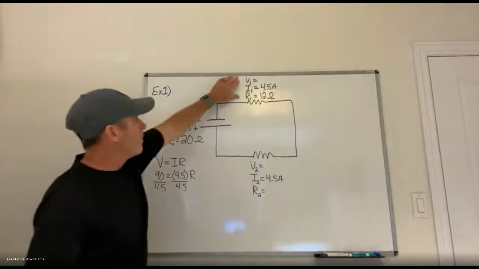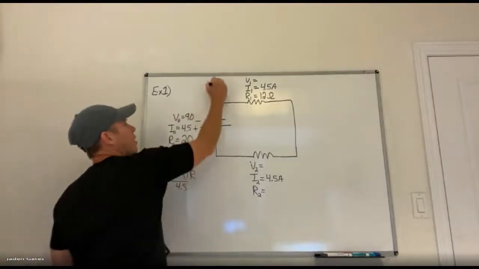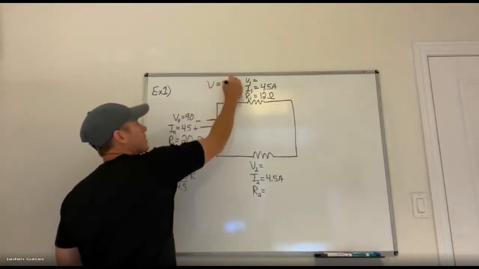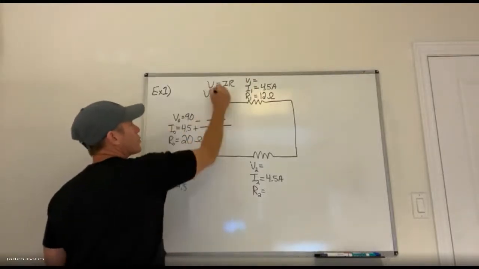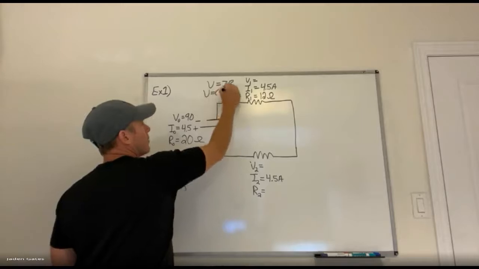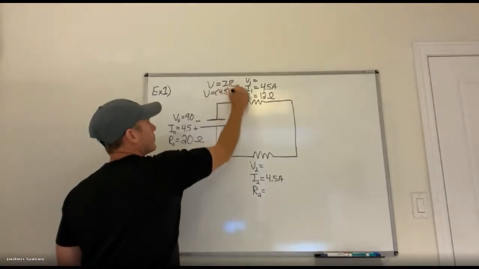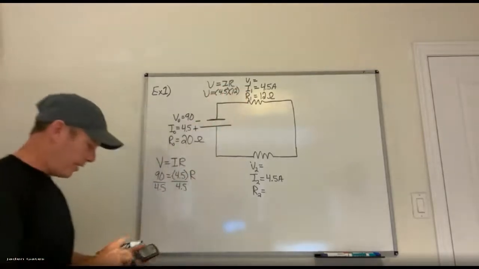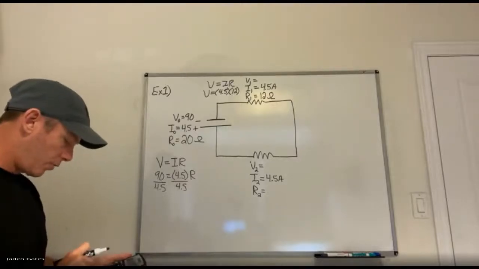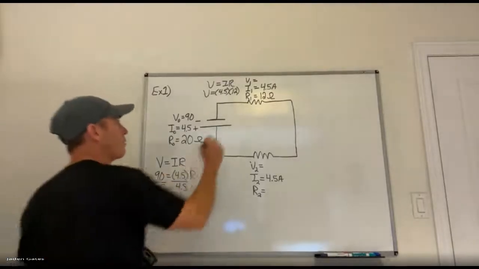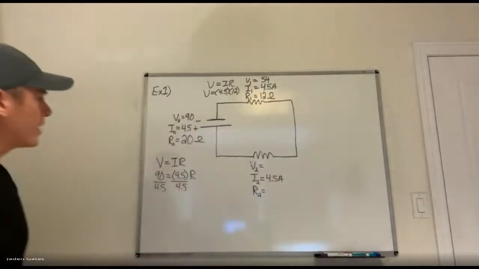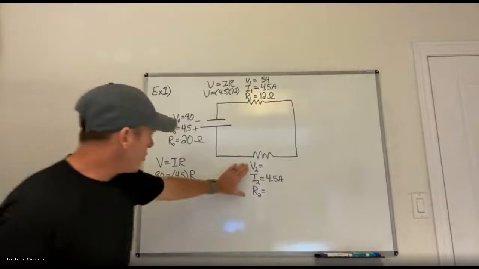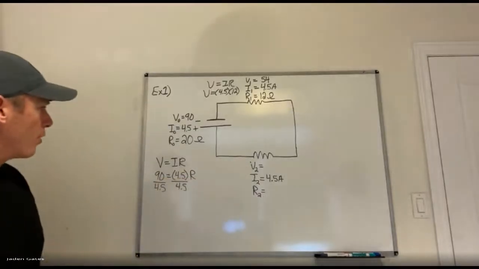Again, I can use V equals IR for our first load. This time I can find the voltage, which is just going to be 4.5 times 12, and I end up with 54 volts. Now, here's the key: down here, I do not have 2 pieces of information, I only have 1.